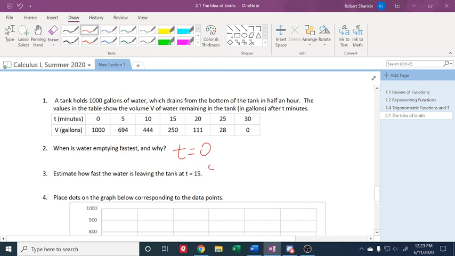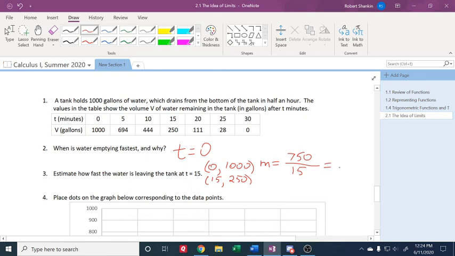So you took the point (0, 1,000) and the point (15, 250), and then we'll find the slope. m equals 1,000 minus 250, which is 750, over 15 minus 0, which is 15.